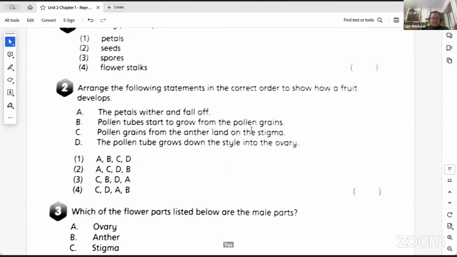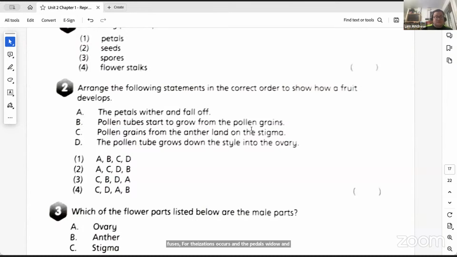Why? Because pollen grains landed on a stigma grow pollen tubes. Then one of the pollen tubes will grow down into the ovary and deliver the male reproductive cells to the female parts. Once the male and female reproductive cells fuse, fertilization occurs and the petals wither and fall off.